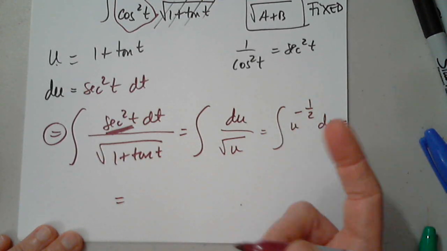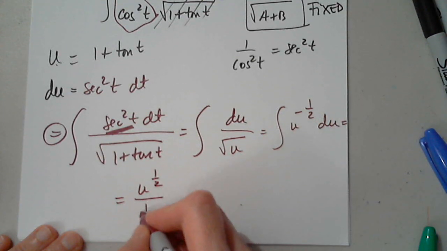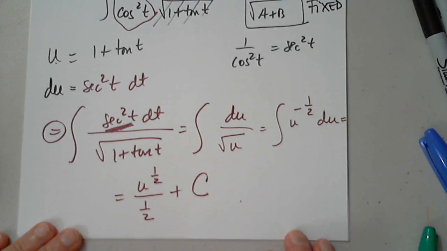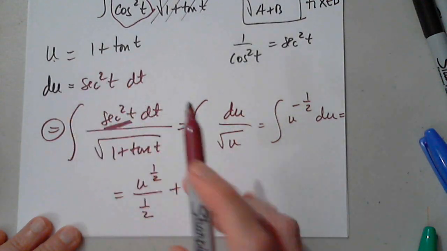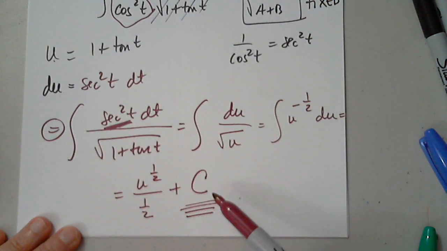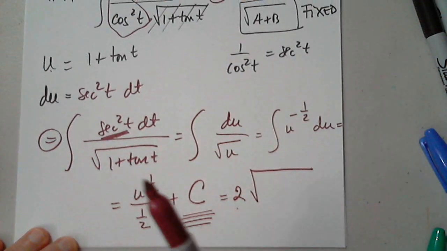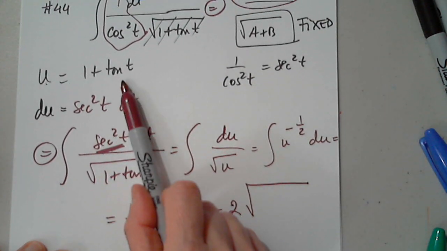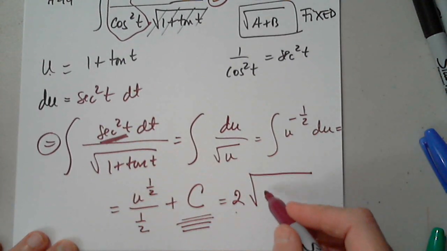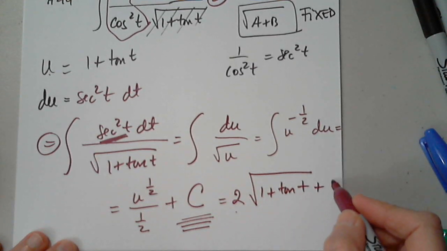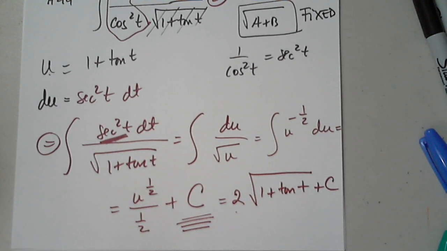Negative 1/2 plus 1, so it's u to 1/2 over 1/2 plus a constant c. So if it's an indefinite integral, please never forget the constant. Yes, I will flip to, I will have the square root, but it's an indefinite integral. I have to give the answer in the original variable.